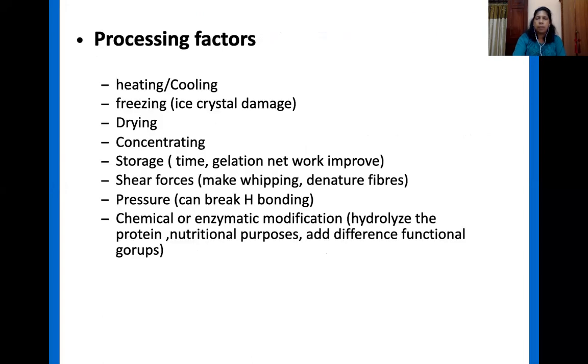There are also other factors, processing factors: heating, cooling, freezing, drying, concentration, storage, shear forces, pressure, and chemical or enzymatic modification. Those things can also change protein functionality. So now there are 13, plus these 8 factors, so altogether there are 21 factors that can change protein functionality, right?